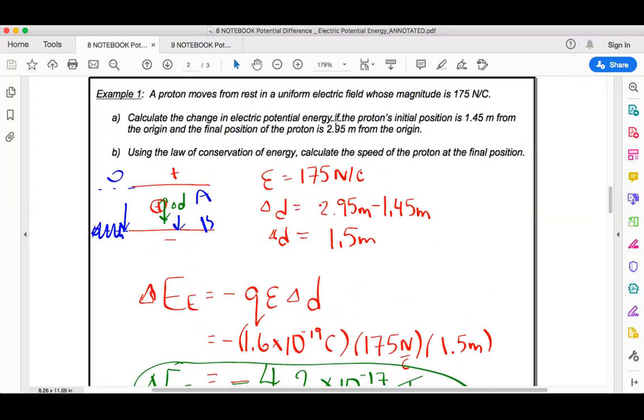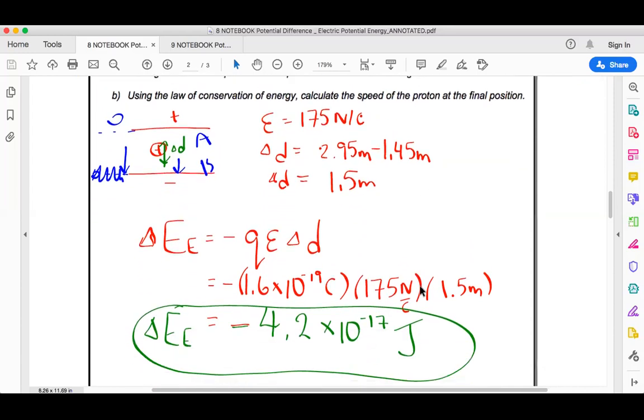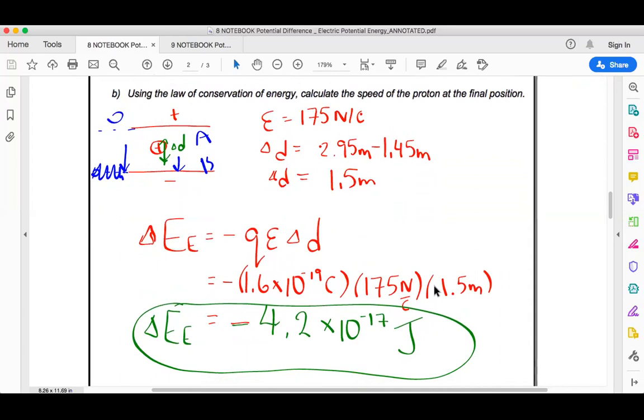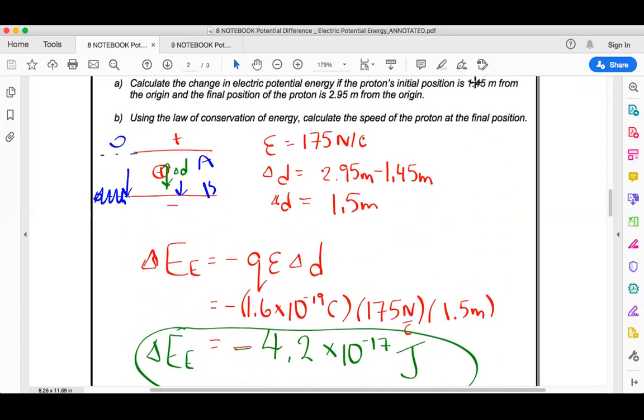If the proton's initial position is 1.45 meters from the origin and a final position of, okay. So yeah, we are lifting it up, and this should be initial and final. Just trying to think if this should be negative here. So final minus initial, we get a positive number.